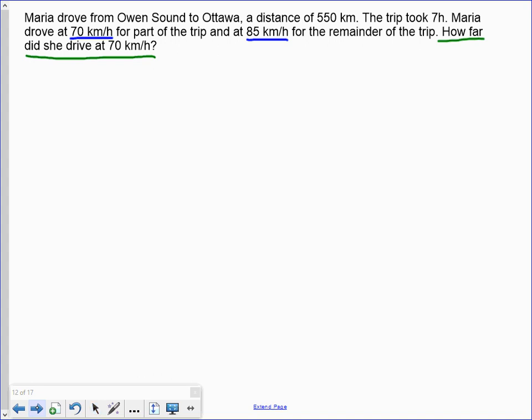The trick to this one is, even though it asks us how far she drove at each of these speeds, we are going to want to use time as our variables, just like in the last question. And doing so will help us to avoid fractions.